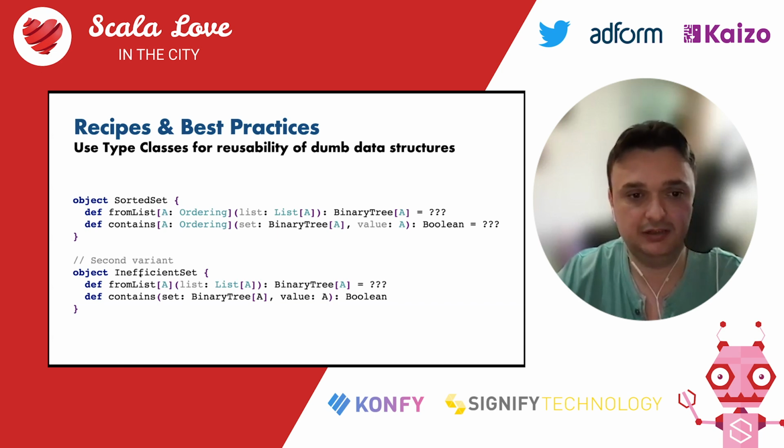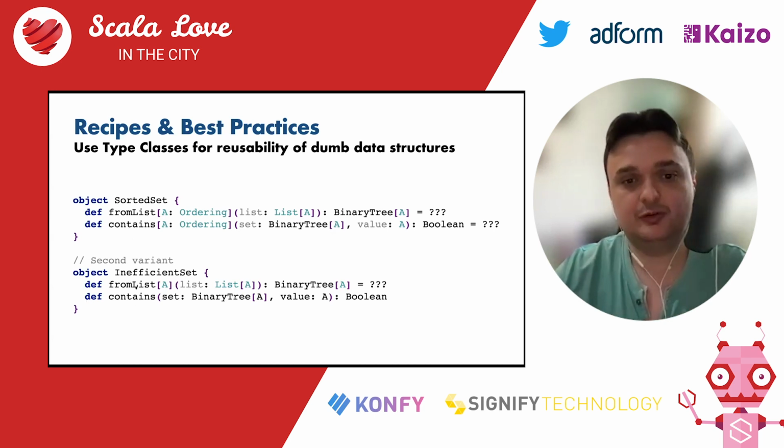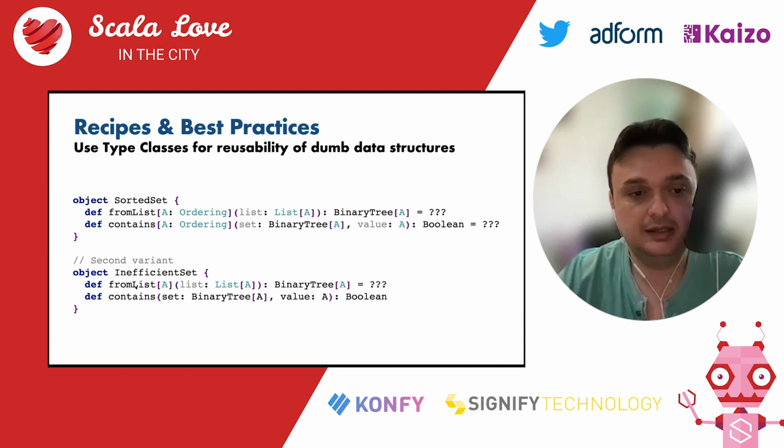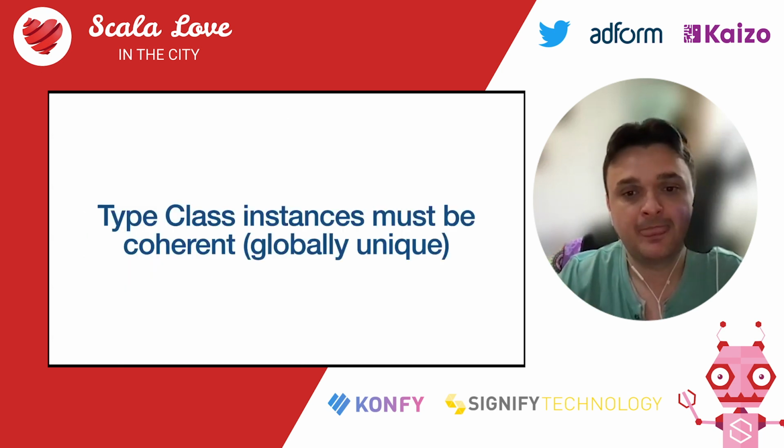And then we can have an inefficient set that doesn't take an ordering restriction and treats that binary tree as a sort of very inefficient array or something. So we can have this too. So we can clearly see the reusability here. It's an awful example, but it's the best one I could come up with for this presentation.